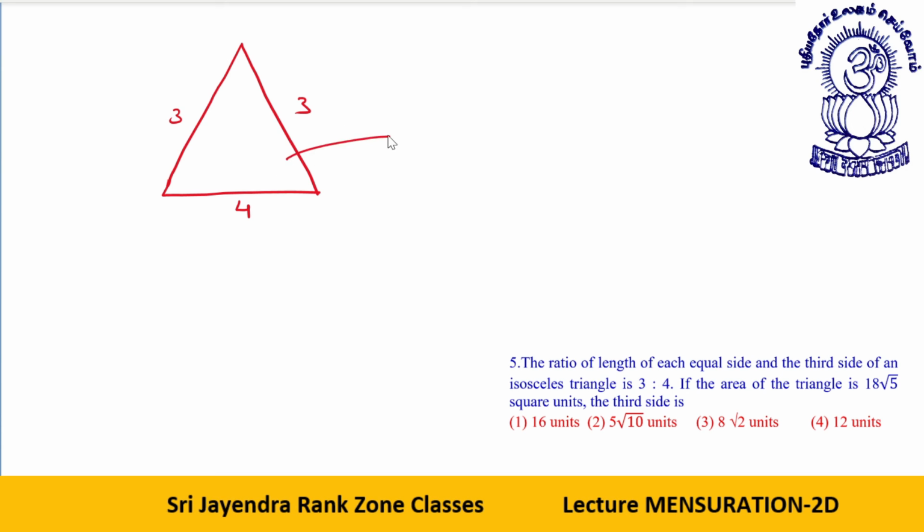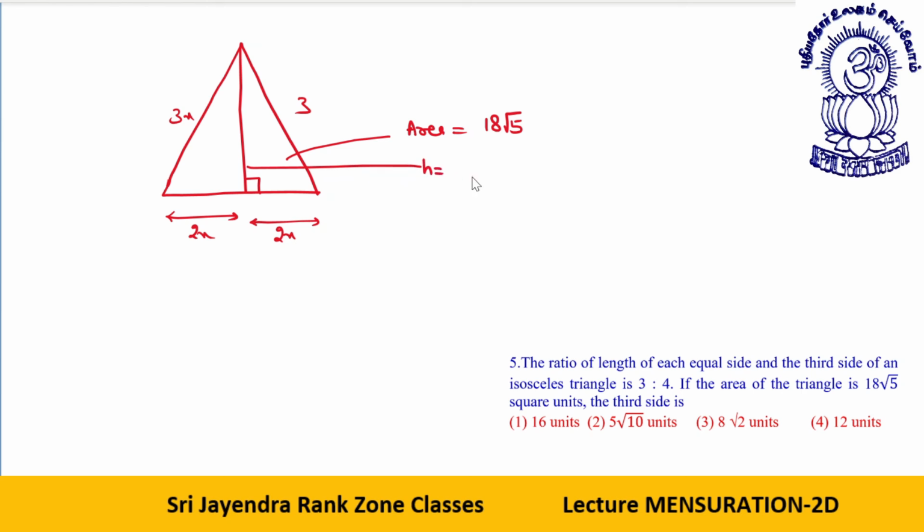If the area of the triangle is 18 root 5 square units, the third side is? See, the area is 18 root 5. But obviously, let's say this is 3x, this will be 4x. What will happen? It will be 2x, it will be 2x.